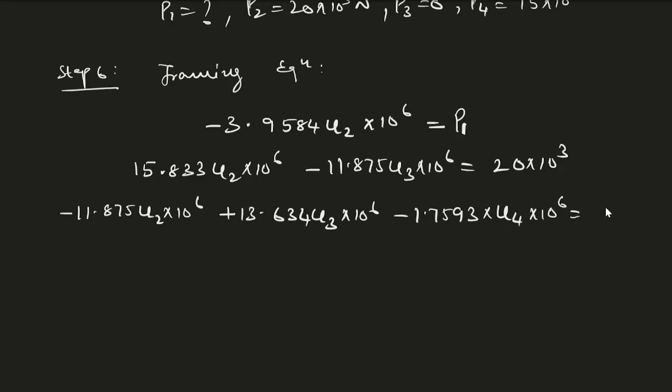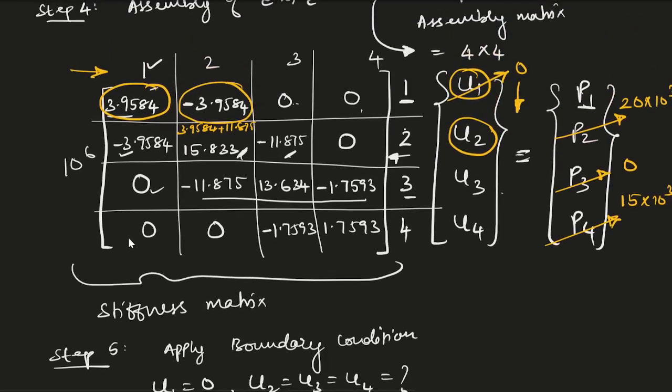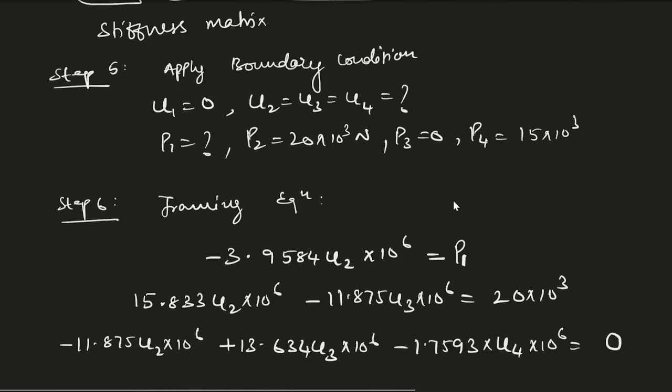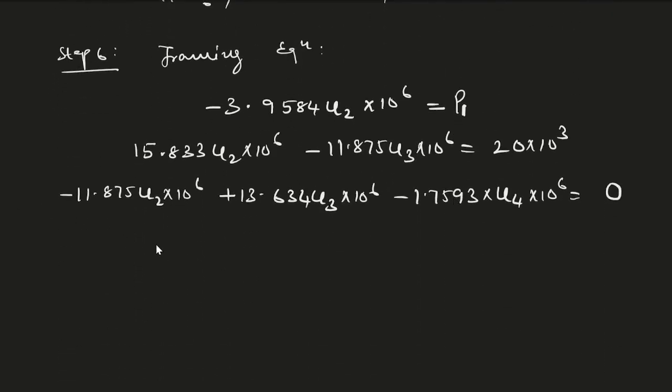This is equal to P3, which is 0. And similarly the last one, we have 0, 0, so those go 0. We have these two, which are multiplied with u3 and u4. So minus 1.7593 u3 into 10 power 6, plus 1.7593 u4 into 10 power 6. This is equal to P4.